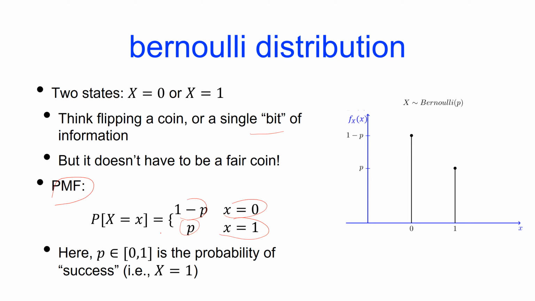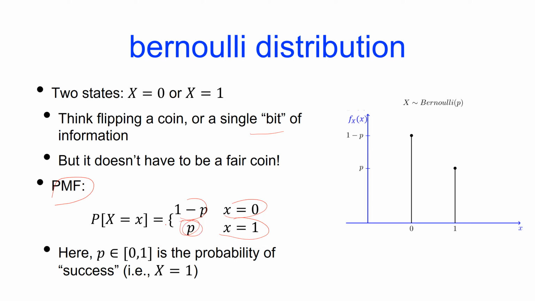But because you only have two cases, you only need one parameter, which is p. The other case will be 1 minus p. Adding the two, you get 1, your total probability will be 1, remember. So you only need one parameter here, which is p.